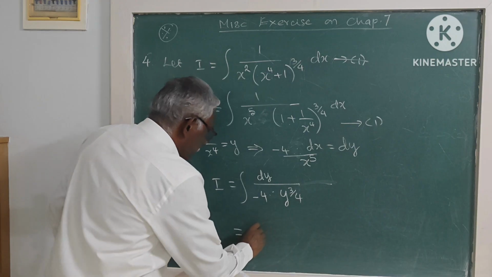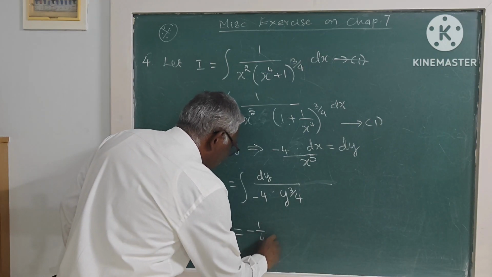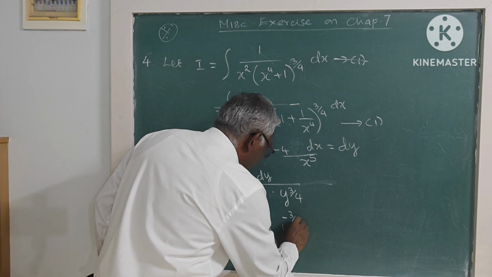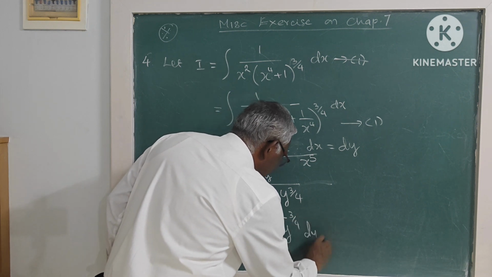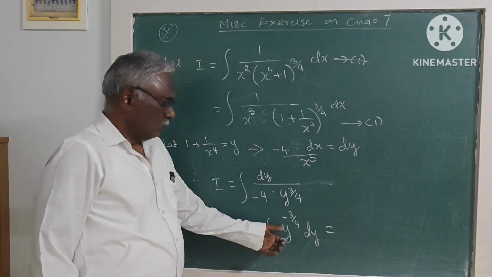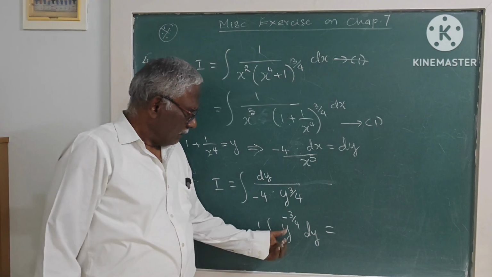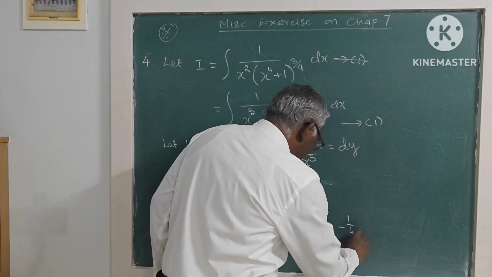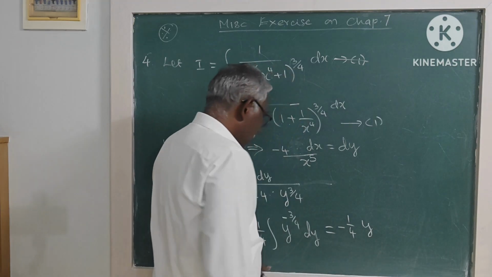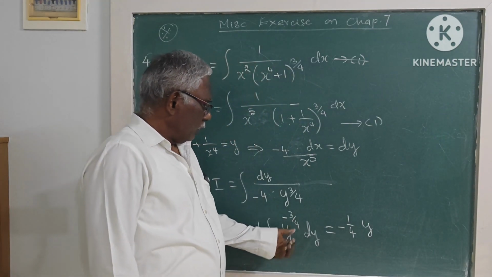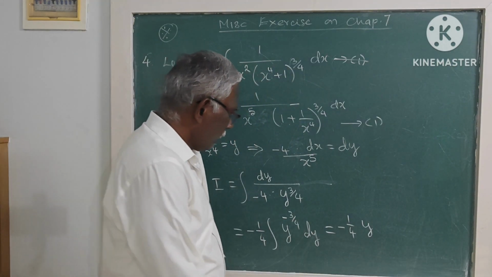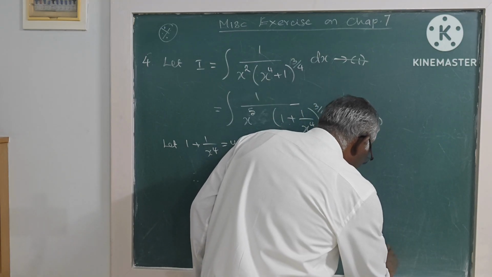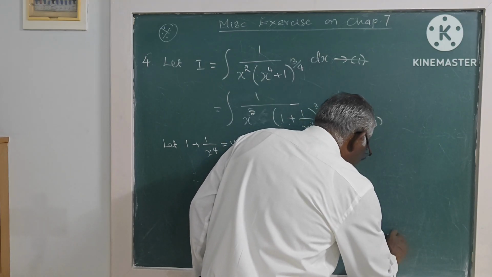Now minus 1 by 4 integral y power minus 3 by 4 dy. So on integrating we get minus 1 by 4 into y power minus 3 by 4 plus 1, that is y power 1 by 4 by 1 by 4, plus constant.